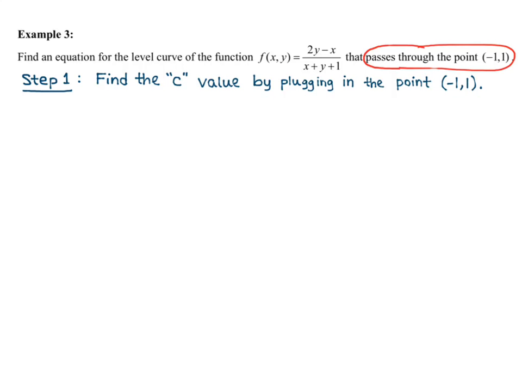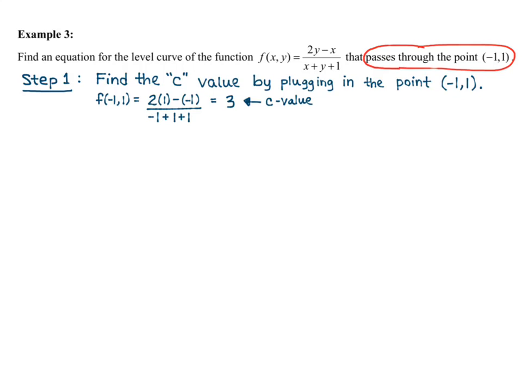So step 1, find the c value by plugging in the point that you're given, negative 1, 1. So I have my function at negative 1, 1 is 2 times 1 minus negative 1 over negative 1 plus 1 plus 1, which simplifies to 3. So that's my constant value, my c value.